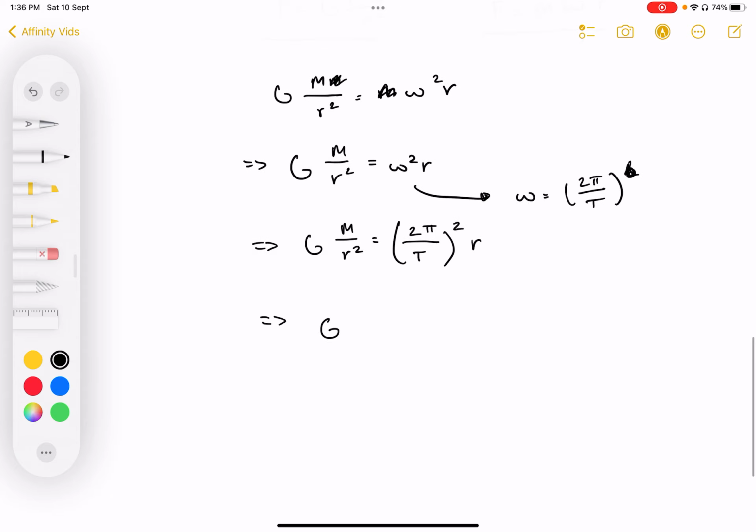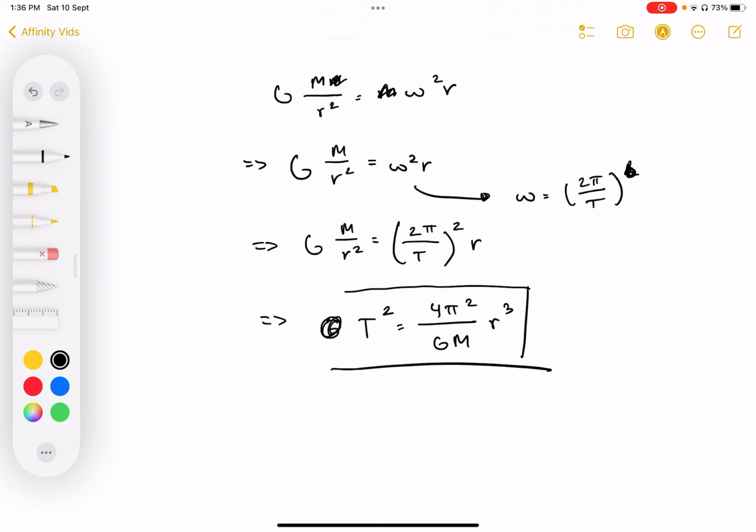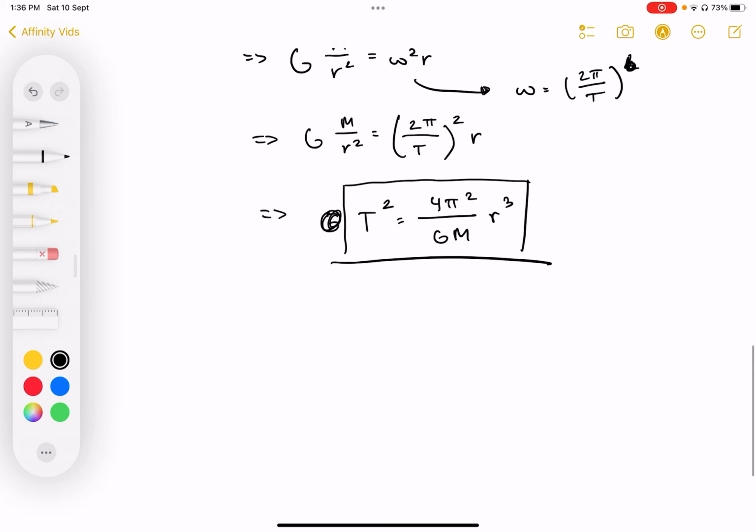And then this is basically going to give us Kepler's law. And this is Kepler's third law specifically. And this basically tells us that T squared, or our time period squared, is proportional to the distance cubed.